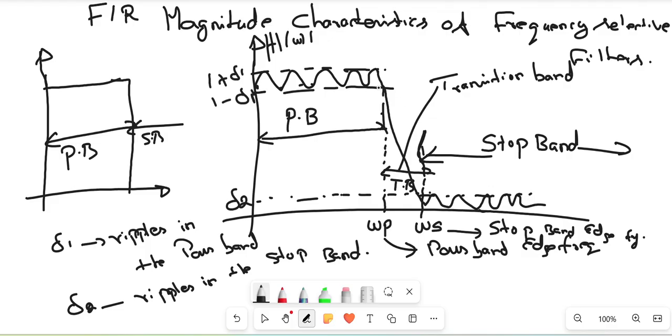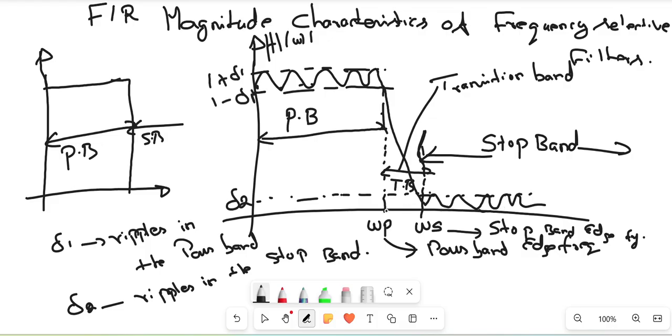So, the transition of the frequency response from the pass band to the stop band defines the transition band. The pass band edge frequency omega p defines the edge of the pass band. The omega s denotes the beginning of the stop band.